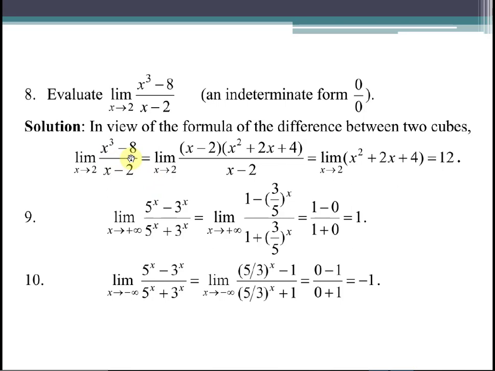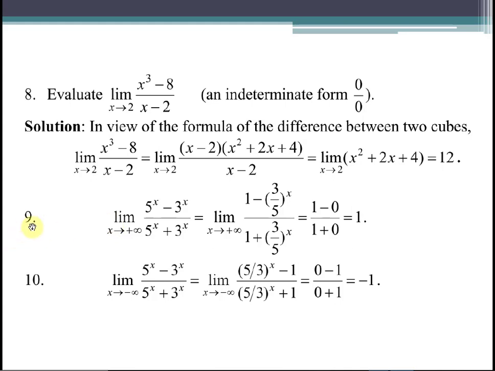So use this formula. We have the following expression: x minus 2 times x squared plus 2x plus 4 over x minus 2. And now we can cancel x minus 2 and x minus 2. We have just the second factor. And then now we can put 2 and we have the answer 12.